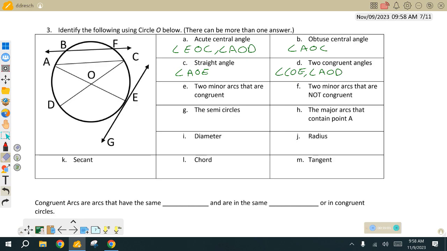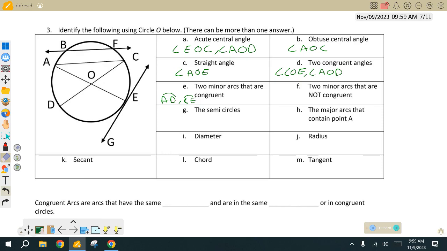Now our new ones. Those are kind of our old ones. Our new ones. Minor arcs that are congruent. AD and CE. And that's going actually right back to our vertical angles. Okay? We're going to talk about that relationship later. It's not necessarily a crazy relationship, but hopefully you realize those are vertical angles that are congruent. Those arcs are going to turn out to be congruent as well.